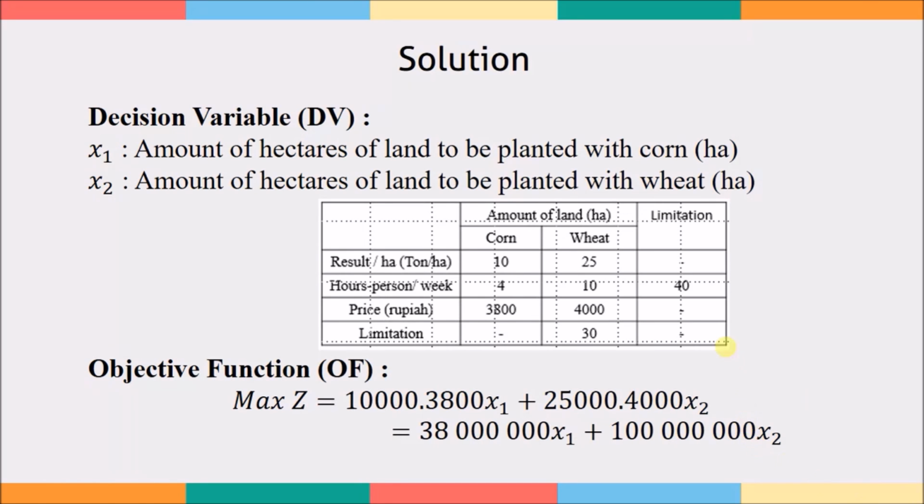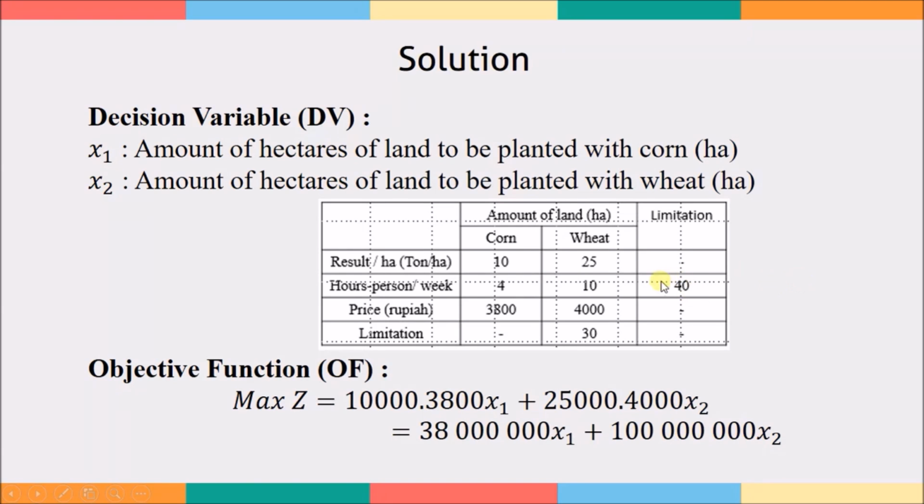As you can see, this is a table. The table contains the information about the corn and wheat. The land of corn can produce 10 tons per hectare, and the land of wheat can produce 25 tons per hectare. The labor for corn is 4 person-hours per week, and for wheat 10 person-hours per week.